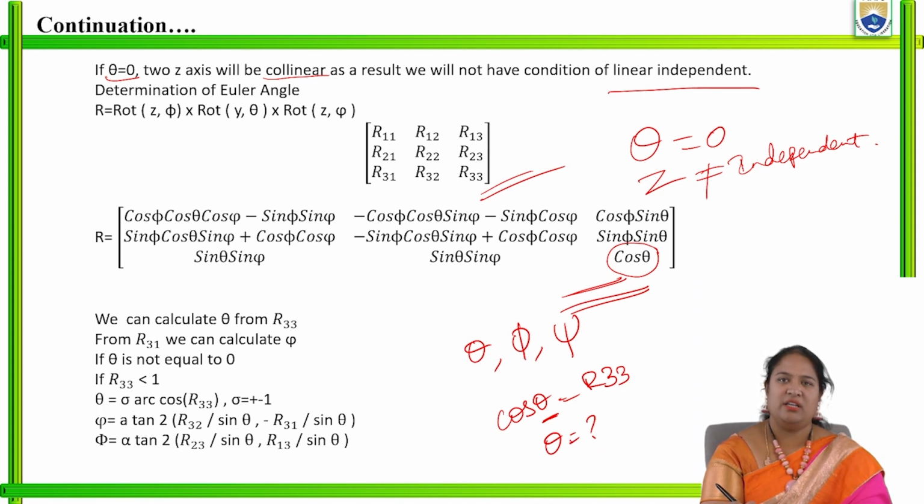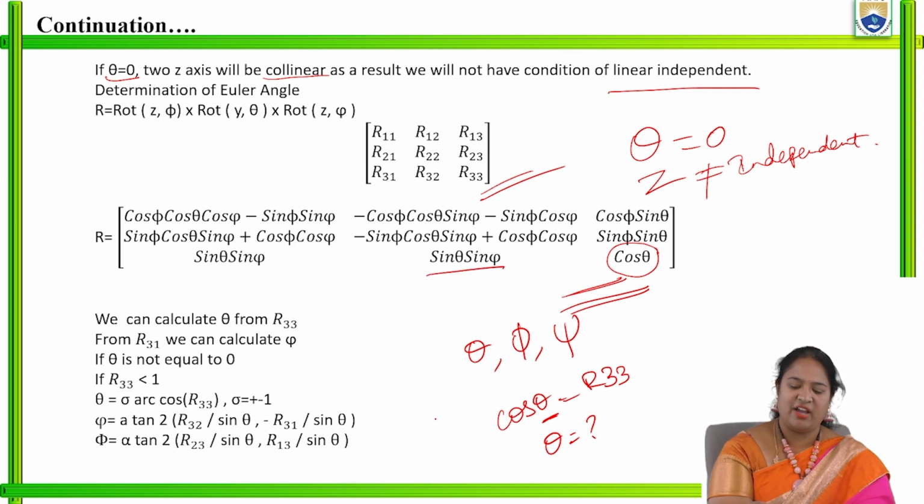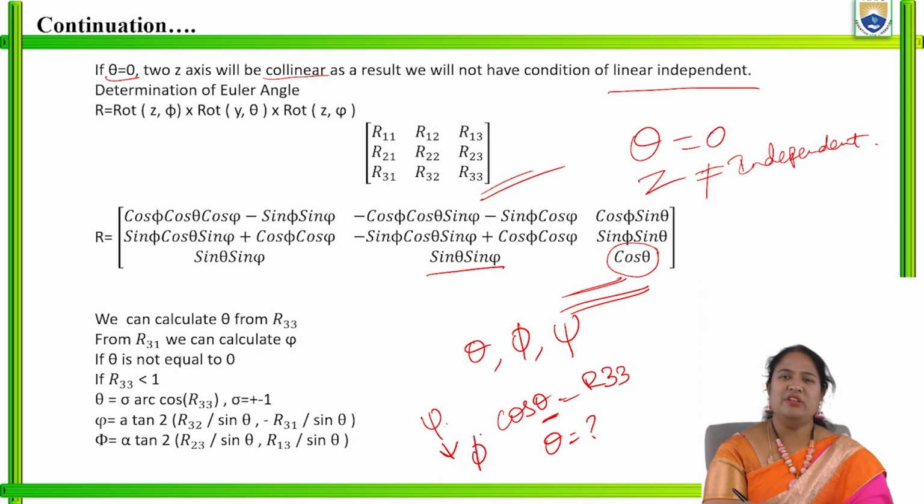After finding theta, we can find psi by using sin theta into sin phi, and from that we can automatically generate the other value. In this form, we will calculate all three angles: theta, phi, and psi.